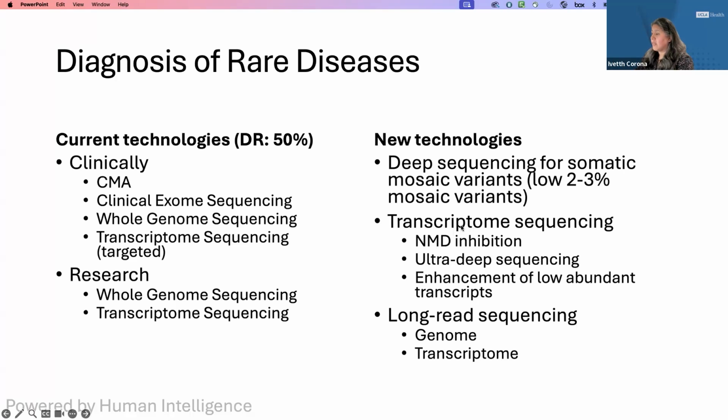What we have done in our lab is to have different ways of using transcriptome sequencing, including the methods I list here: nonsense-mediated decay inhibition, ultra-deep sequencing, or enhancement of low-abundant transcripts. And for today's talk, the focus is on the use of long-read sequencing at the level of genome and transcriptome.